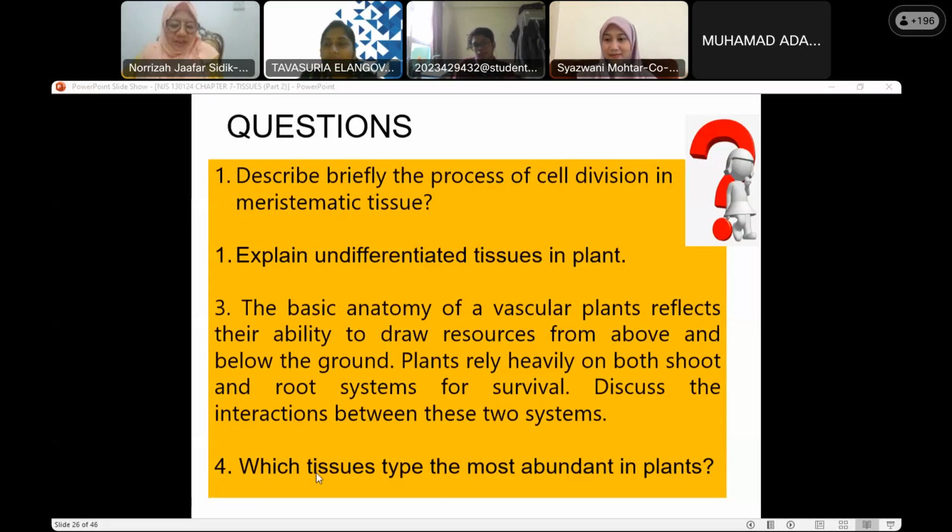Which tissue type is the most abundant in plants? I did not mention this just now, but just for your information, I want you to think about it. Is it the dermal tissues, the ground tissues, or the vascular tissues?